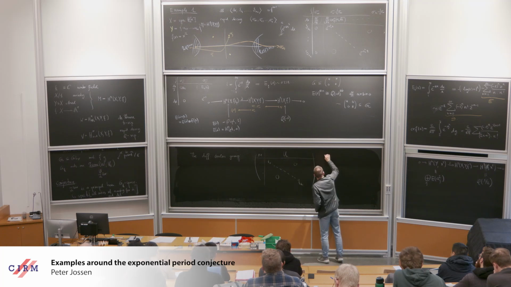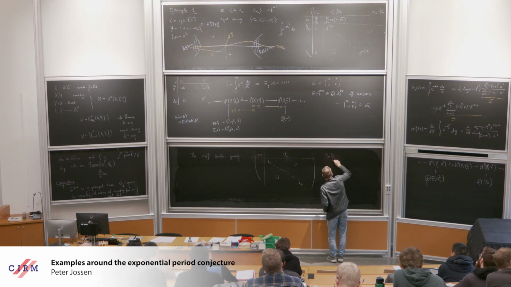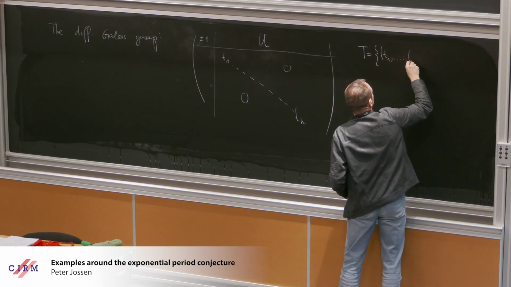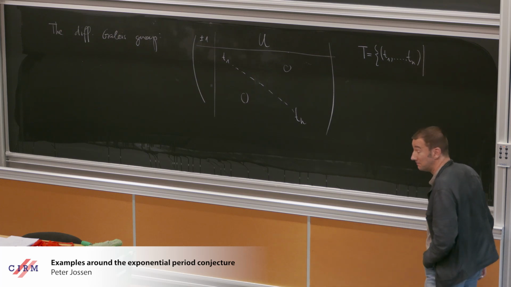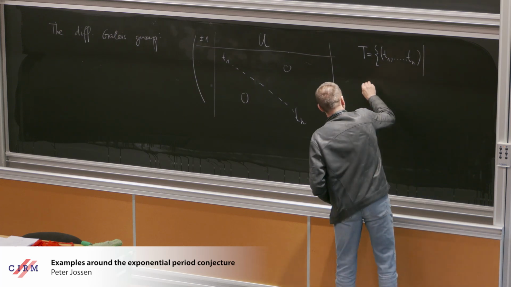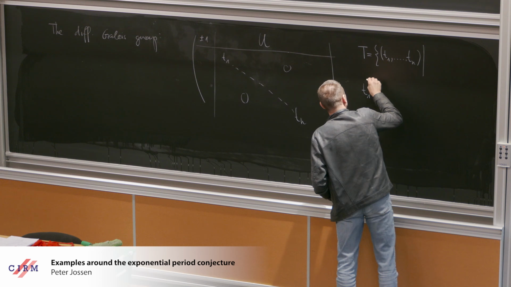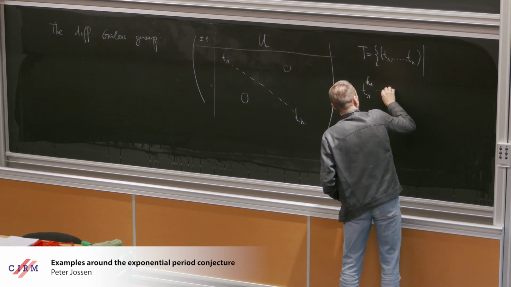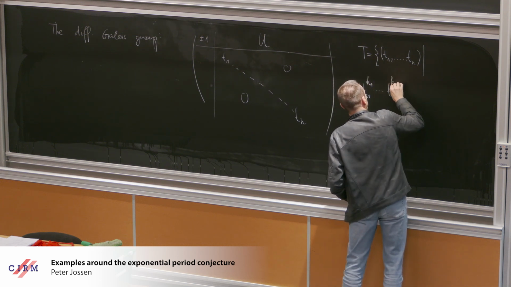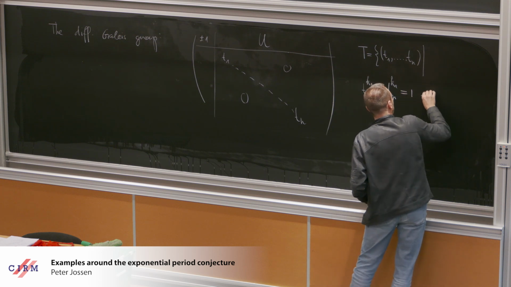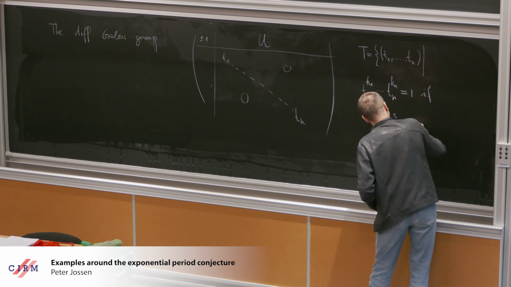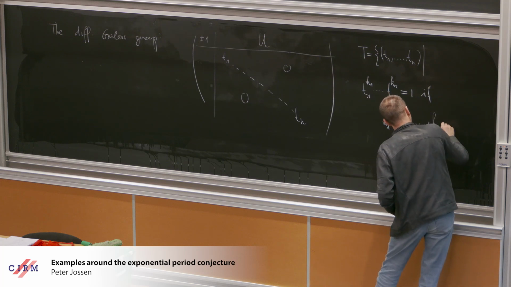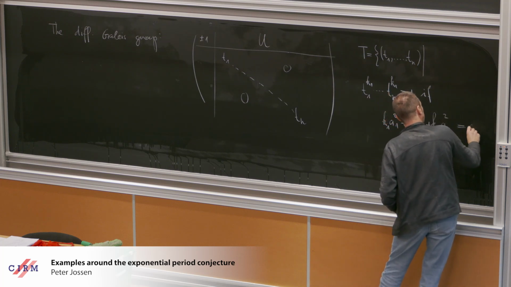So the torus down here is all the T_1 up to T_n with the following property: T_1 to the power k_1 up to T_n to the power k_n is equal to 1 if k_1 a_1 squared plus ... plus k_n a_n squared is equal to 0.